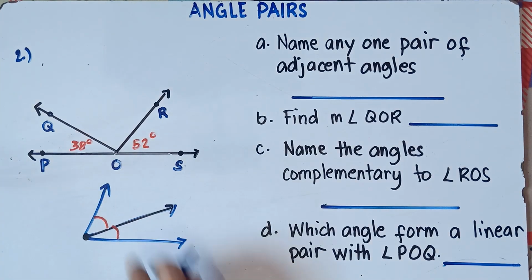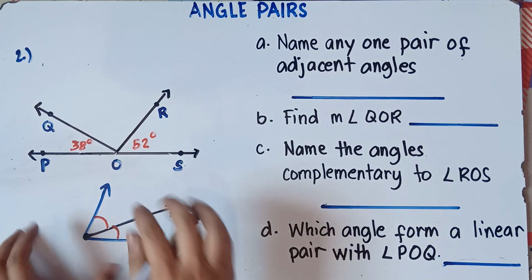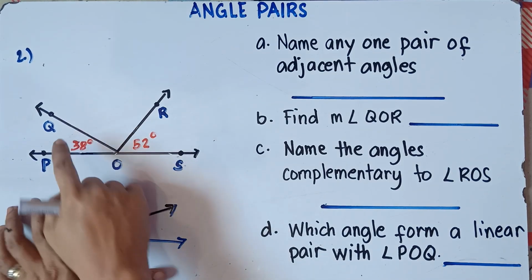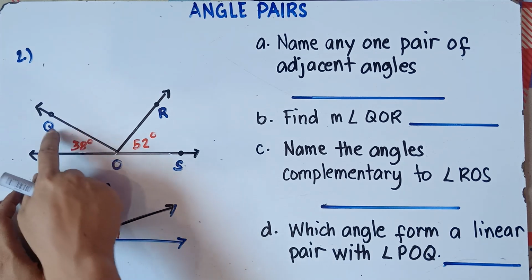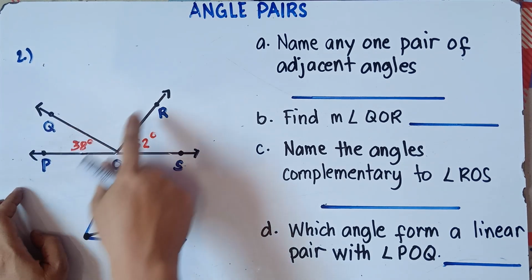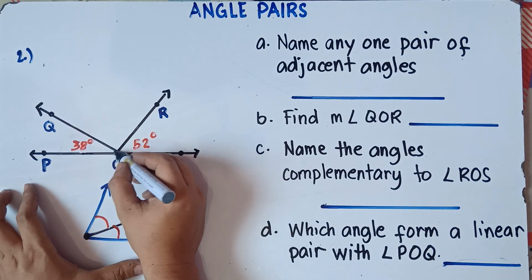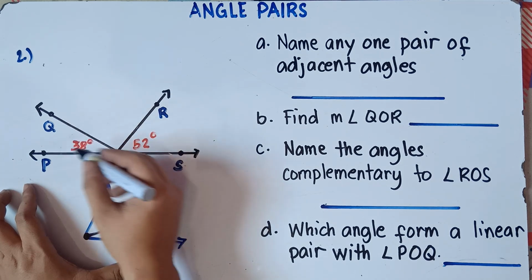So in this given illustration, class, what are those adjacent angles? That's correct. We can have this given angle and this angle. They are adjacent angles. Once again, angle POQ and angle QOR are adjacent angles because they share a common vertex and they share a common side.